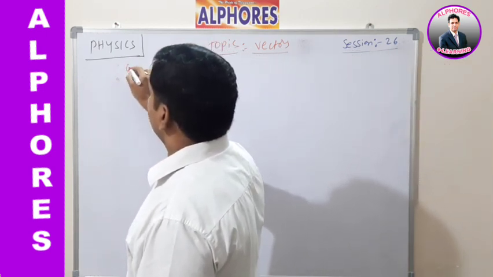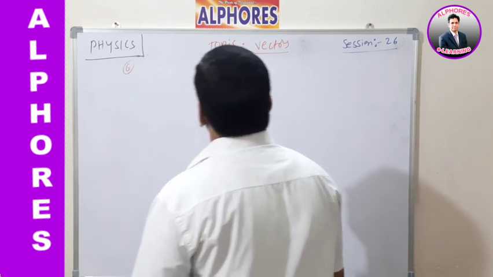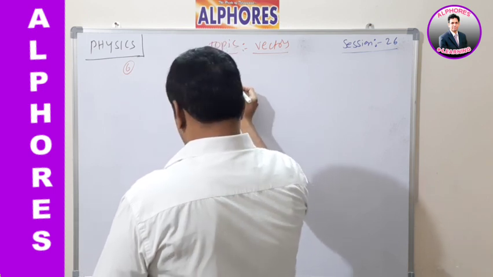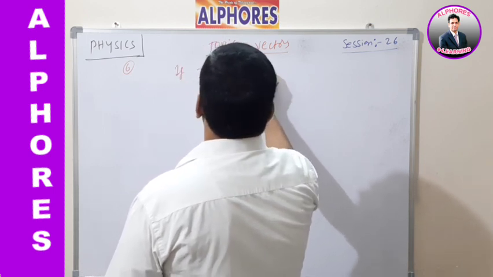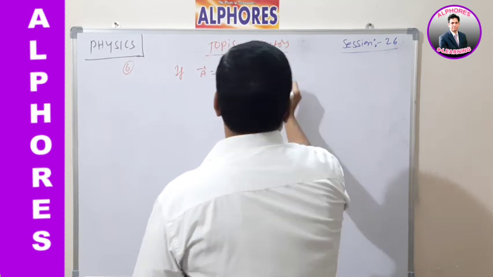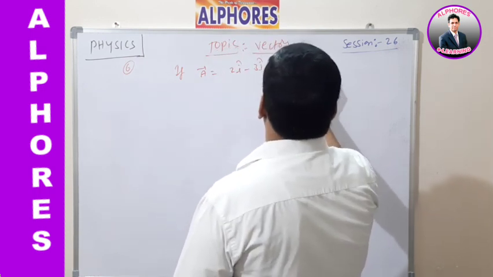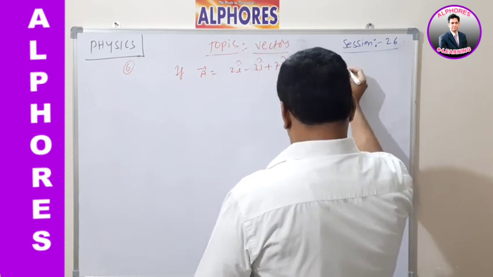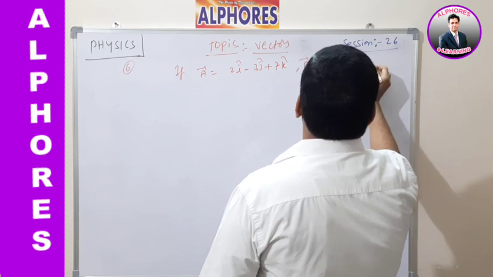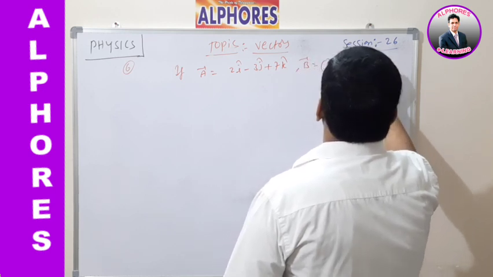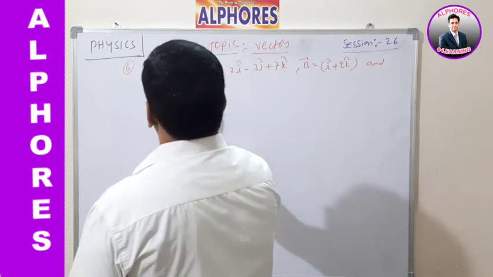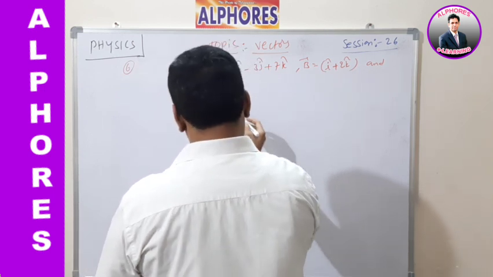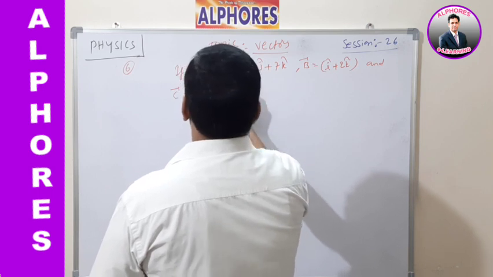Problem number 6. You all write down. Let us say A bar is equal to 2i cap minus 3j cap plus 7k cap, B bar is equal to i cap plus 2k cap, and C bar is equal to, the third vector, j cap minus k cap.